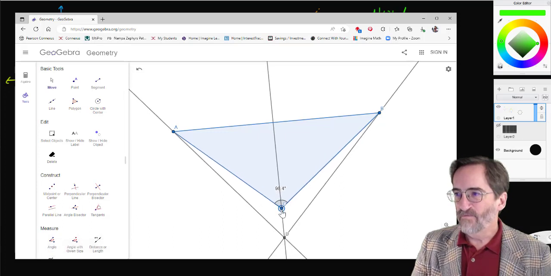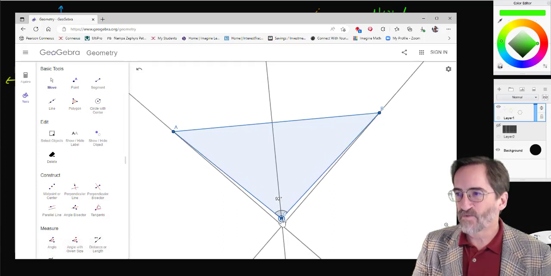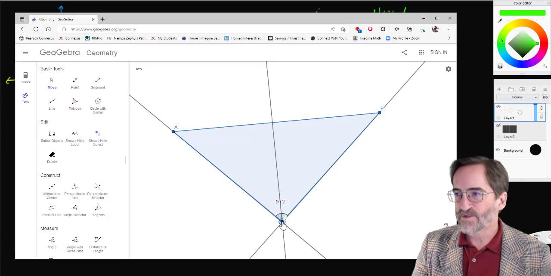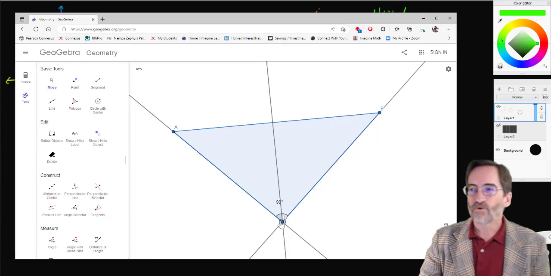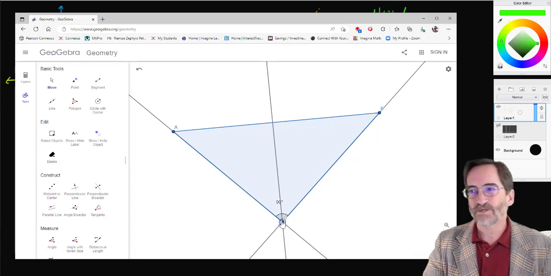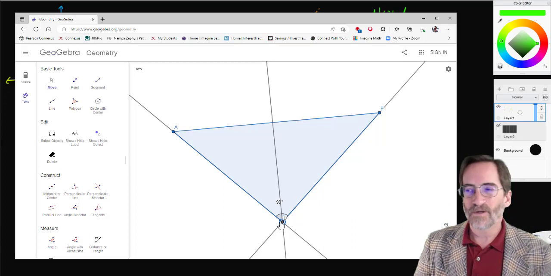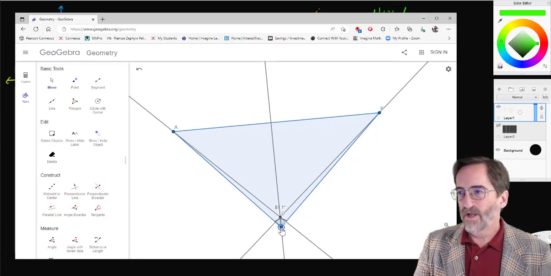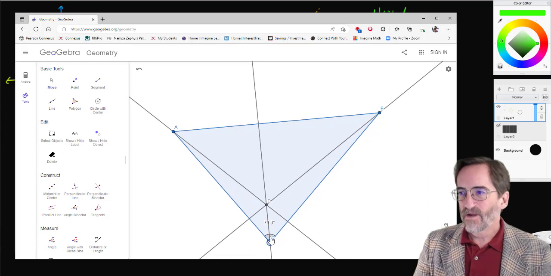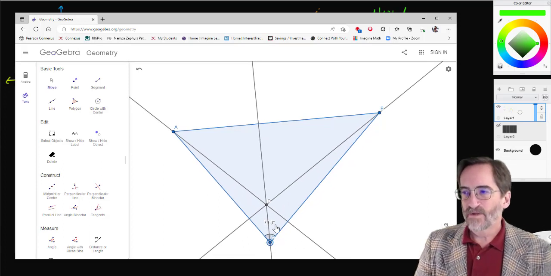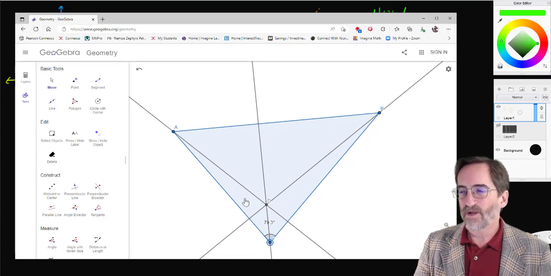Okay, when I change C so that it's right on the orthocenter, the angle is 90 degrees. Look at that. So for a right triangle, the orthocenter is on the vertex of the right angle. And when the orthocenter is inside, the angle is acute, and all the angles are acute.